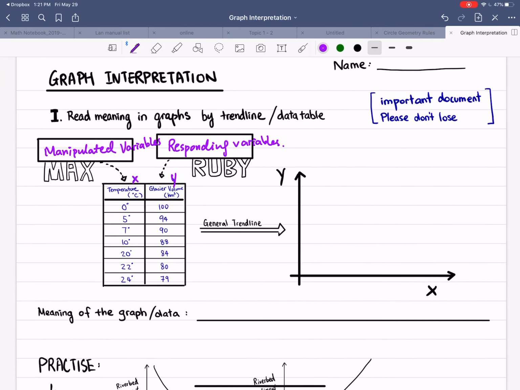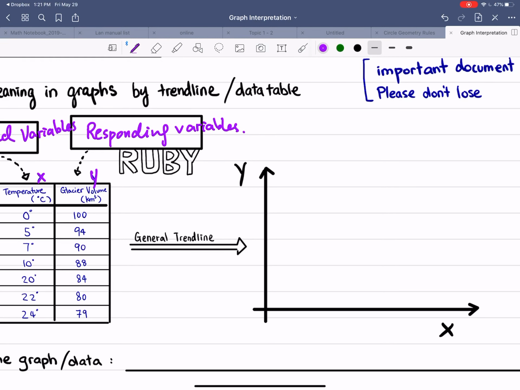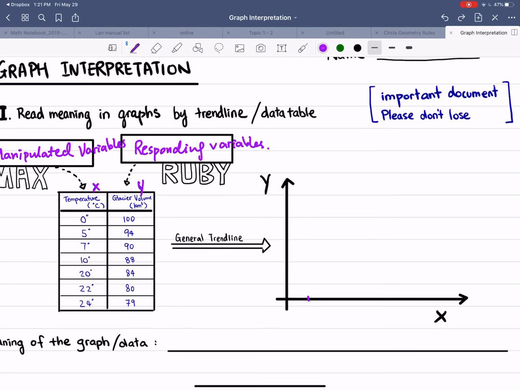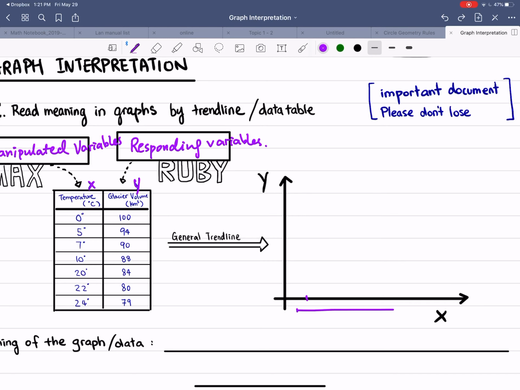Okay, so I want you to draw a trend line because of this. Normally you would say, oh, this is 0 degrees, 100, 2 degrees, whatever. But you don't have to, because I want you to draw a trend line. I just want you to interpret: as x increases, how does y go? Our x value always increases from left to right.